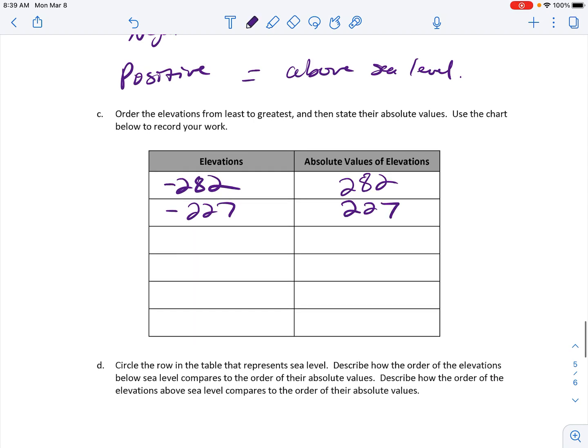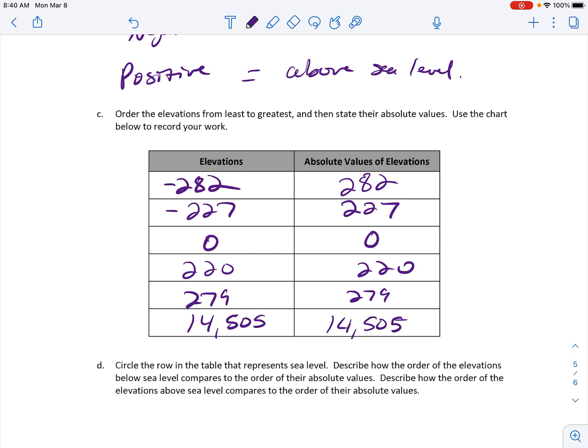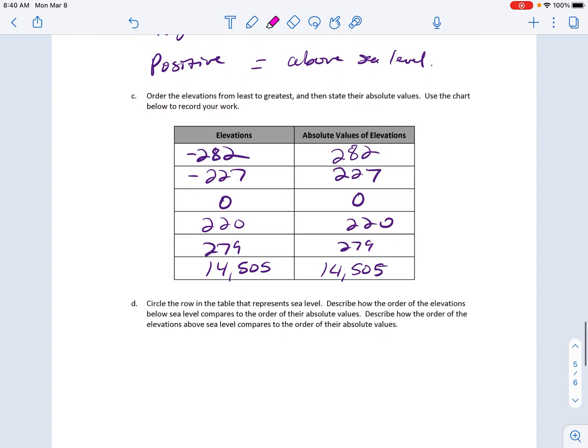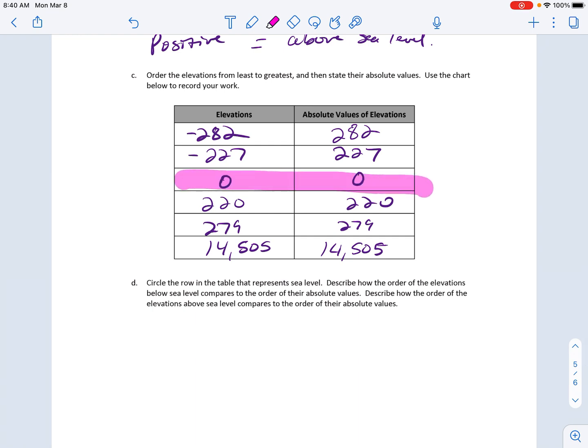Okay, then we have 0 and 0, 220 and 220, 279 and 279, and 14,505, 14,505.